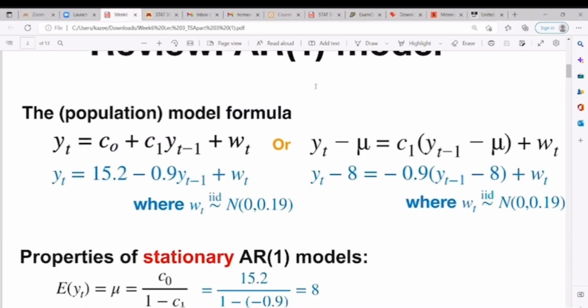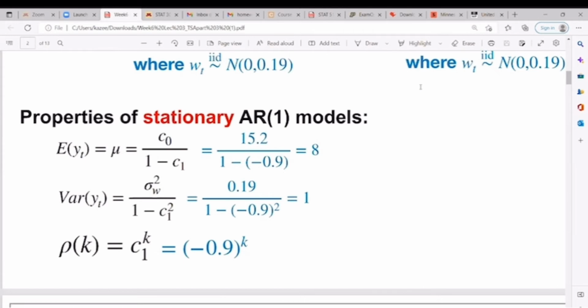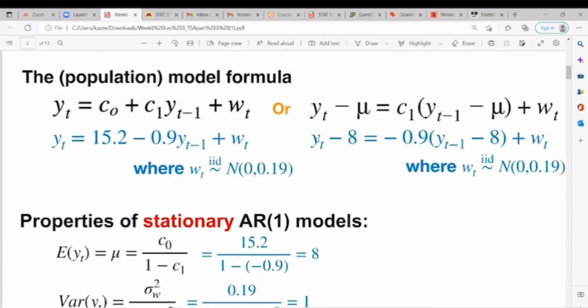Now you remember last time I also said we place an assumption on the noise. WT is actually noise. In time series analysis, we call that noise. Of course, in a linear regression model, that is an error, the place of unexplained variation.